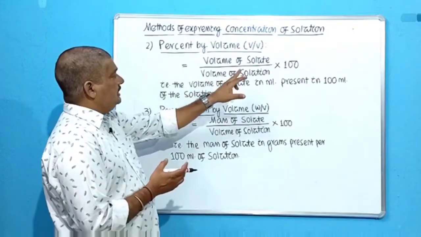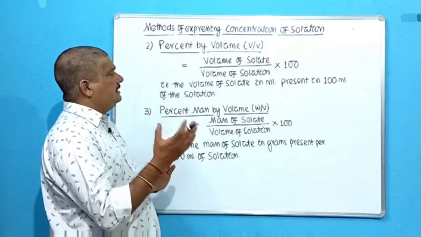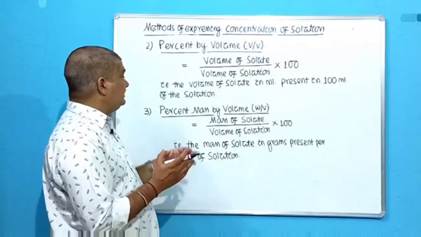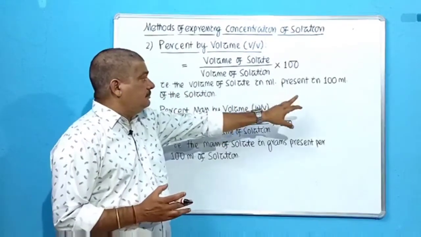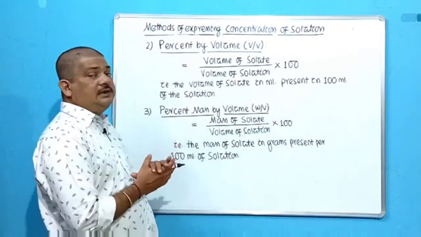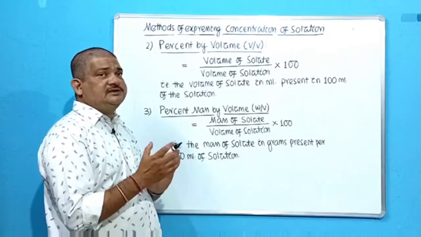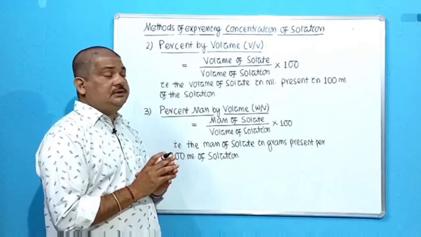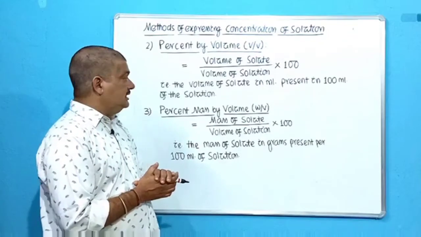So it is volume of the solute in milliliter divided by volume of the solution in milliliter into 100. That is, it is defined as the volume of solute in milliliter present in 100 milliliter of the solution. Okay, how much milliliter of the solute is present for 100 milliliter of the solution, that will give you percent by volume, that is V by V percent.